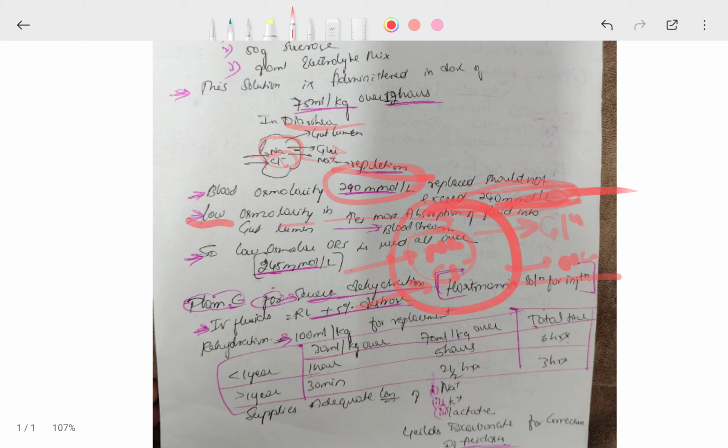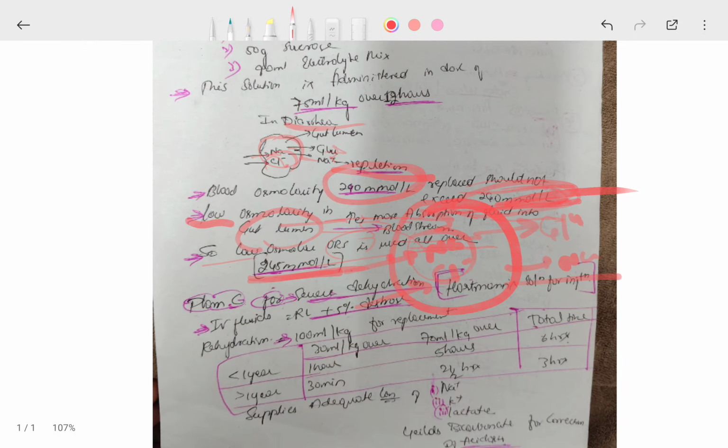So low osmolarity in the gut lumen will cause more absorption of fluid into the bloodstream. So low osmolar ORS is used all over the world according to WHO, which is 245 milliosmol per liter.